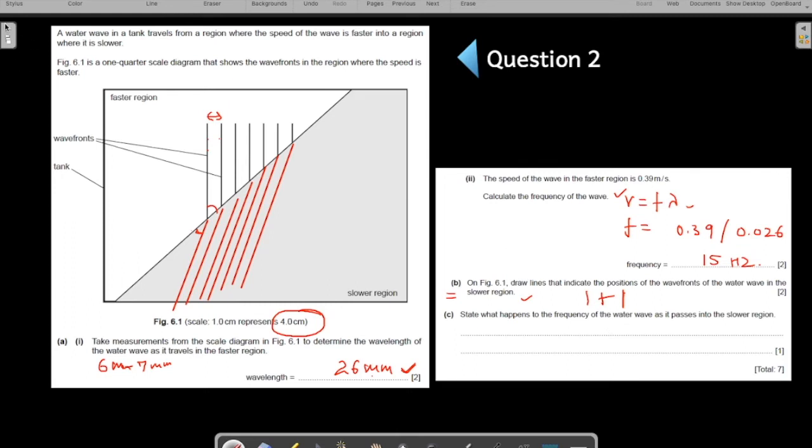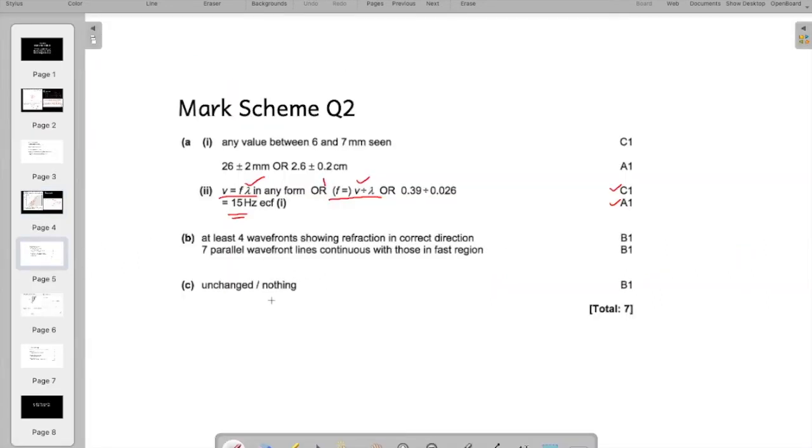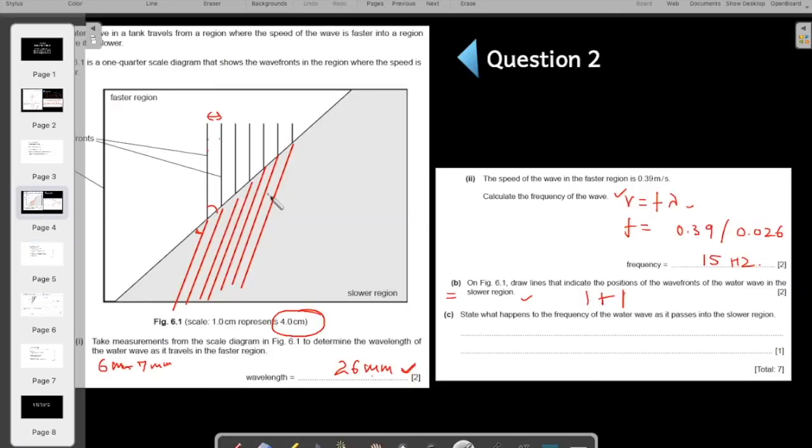If you look at the mark scheme also, it says the same thing: at least 4 wavefronts showing refraction in the correct direction, and 7 wavefront lines continuous with those in the faster region. So if you can draw all the 7, 1, 2, 3, 4, 5, 6, 7, you get one of the points. Another point for showing the correct bending of the wave.